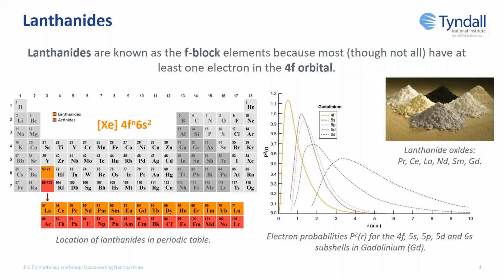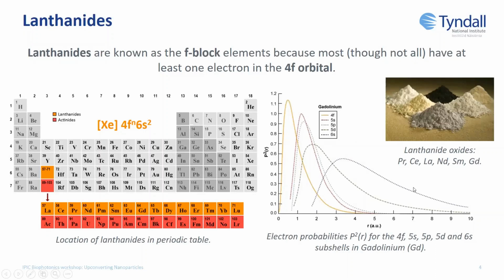What's actually special about this is that this 4f orbital isn't the outermost orbital that they have. So before they start filling the 4f orbital, they actually fill other outer lying shells like 5s or 5p, for example. So if we look at the electron probability, where we can find electrons as a function of the distance from the nucleus for gadolinium, on the right-hand side of the slide, you can see that the 4f shell lies closest to the nucleus, and then the other shells, 5s, 5p, 5d, and 6s, follow afterwards.